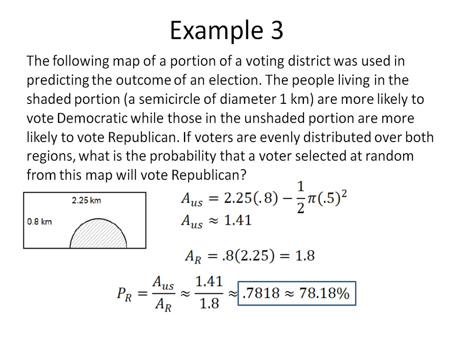So we have 1.41, the unshaded area, divided by the whole region, 1.8, which gives us approximately 0.7818, which correlates to 78.18%.